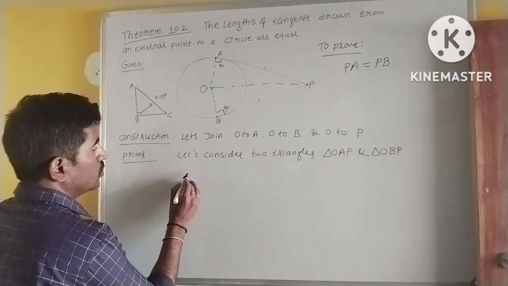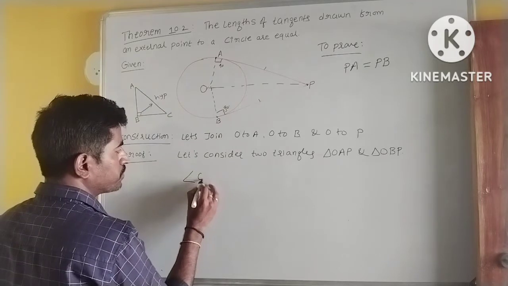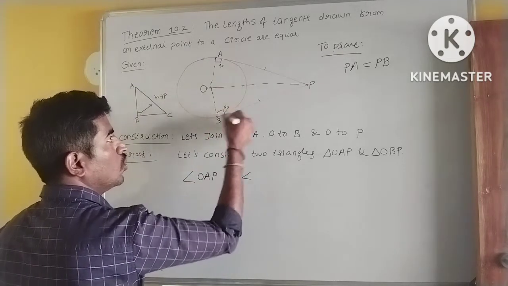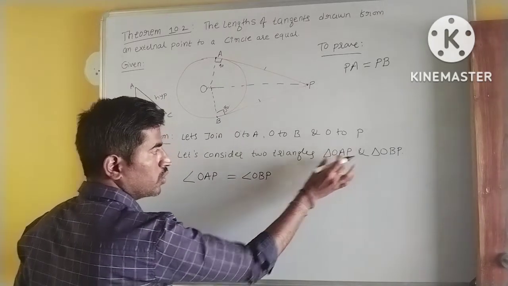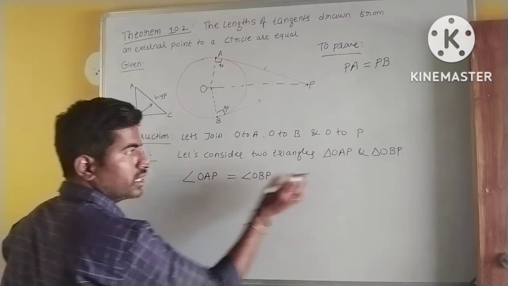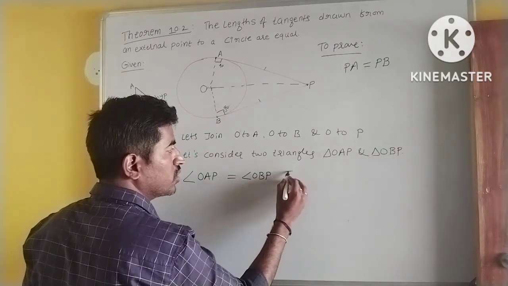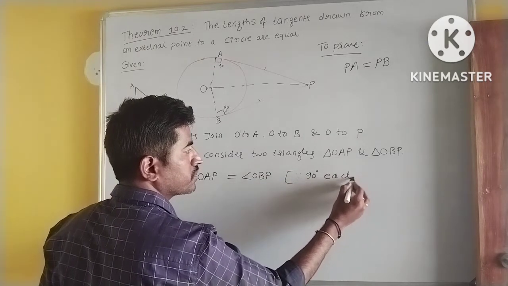Okay. So first I will write the angle OAP is equal to angle OBP. In the triangle OAP, angle OAP, and in the triangle OBP, angle OBP are equal because they are 90 degree each.